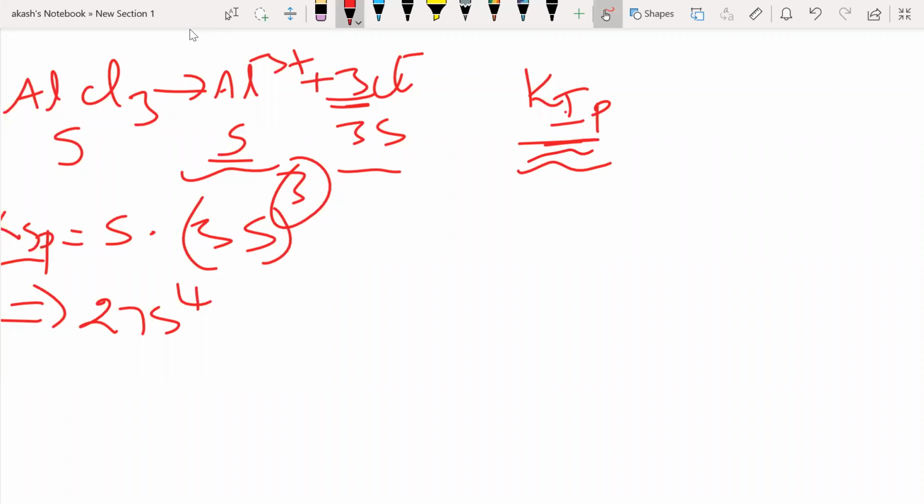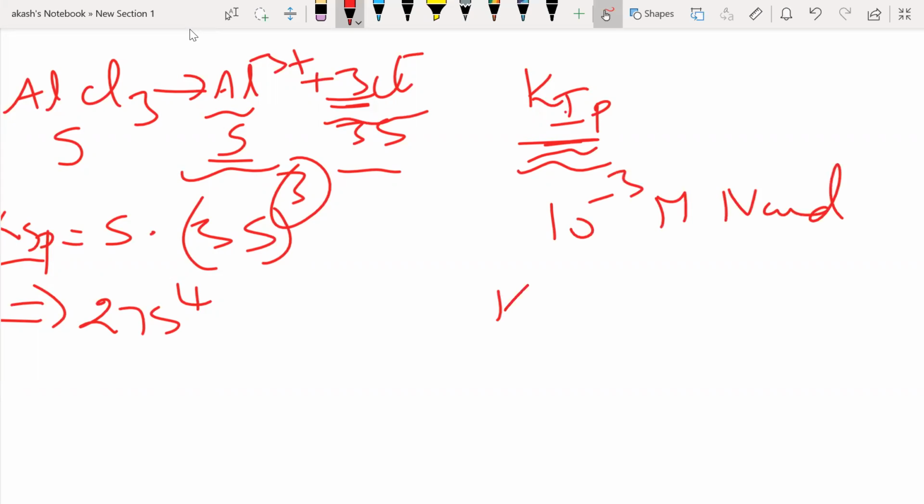Now this is the actual, real-time calculation, in the sense that we don't know whether the solution is saturated or not, but whatever the concentration of the cation or anion you have, that product is this. Say for example, if I tell you I have a 10 to the power minus 3 M NaCl solution.